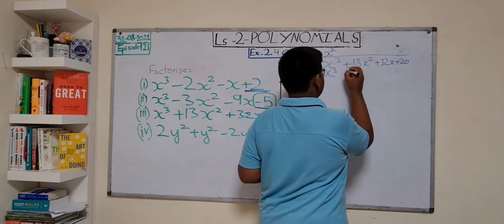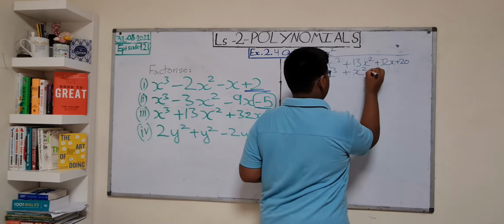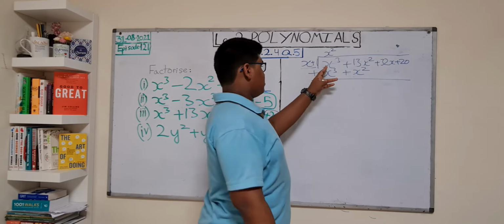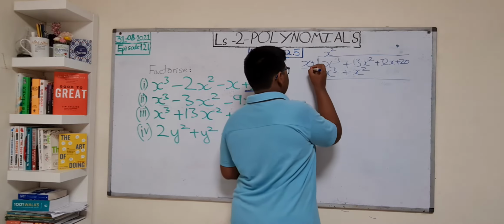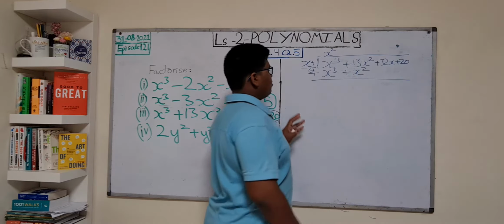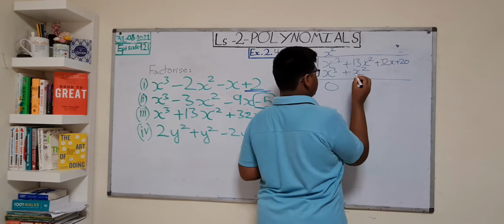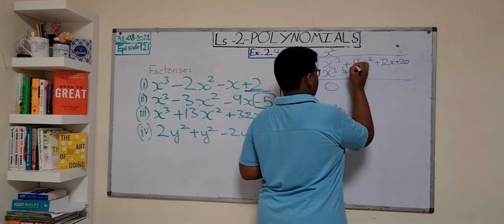So we get plus x square as it is. Then we are going to subtract these, so the signs will be changed, right? Then this will be minus. So x cube minus x cube will be 0. Now we have 13x squared minus x squared.